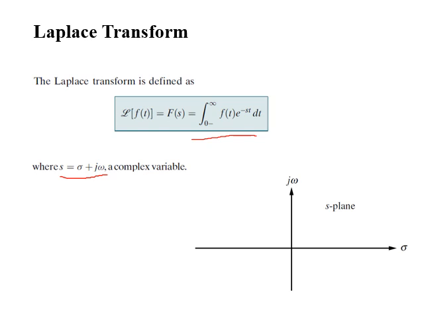Graphically, the s-plane is represented as a two-dimensional plane where one axis is sigma and the other axis is j omega. For this integration, the function f of t must be integrable and must not be discontinuous at any time.